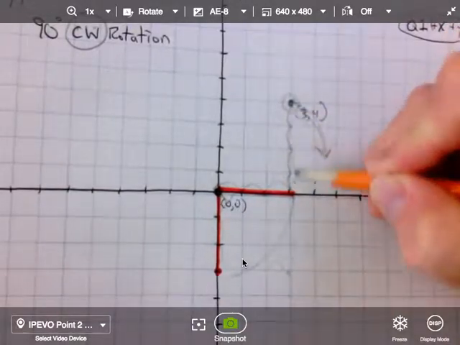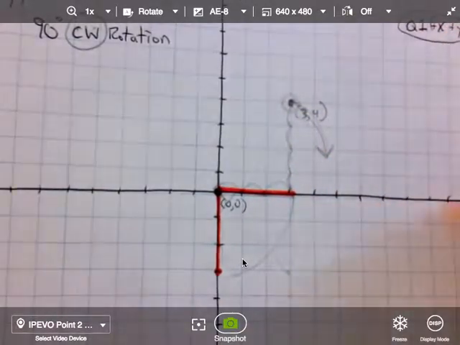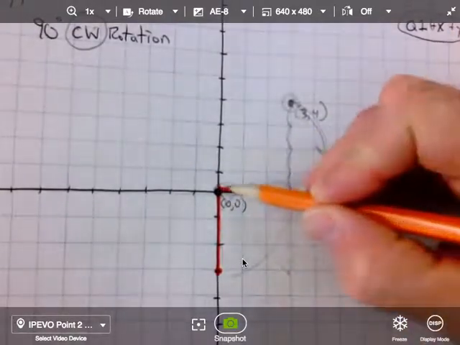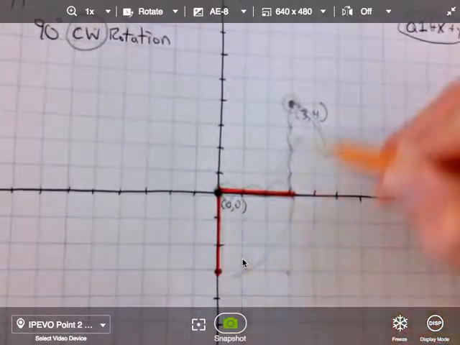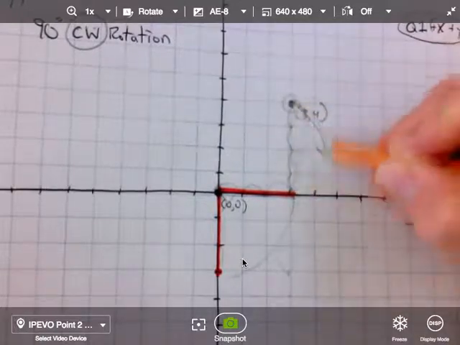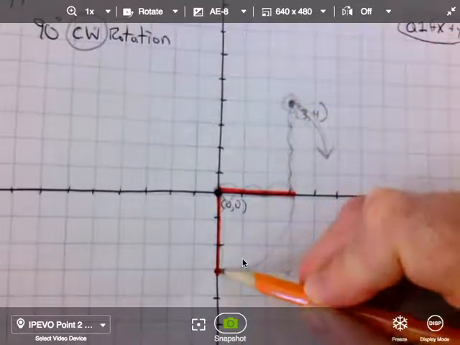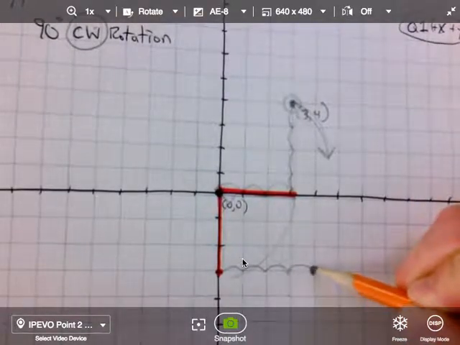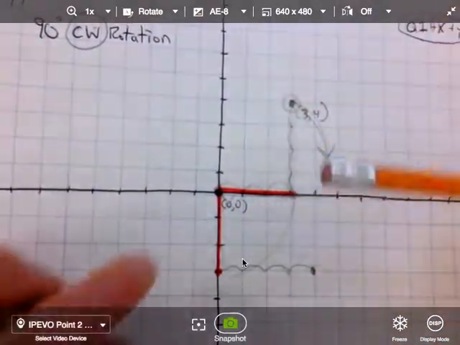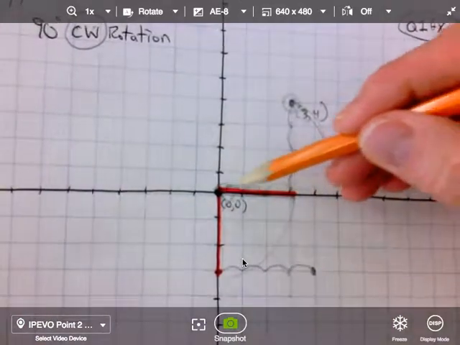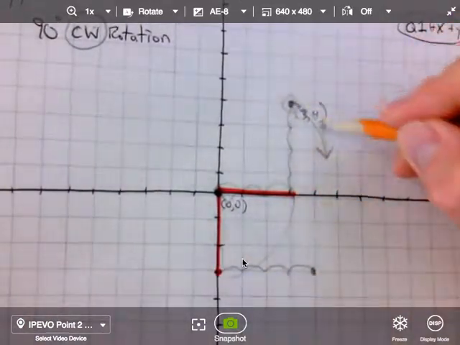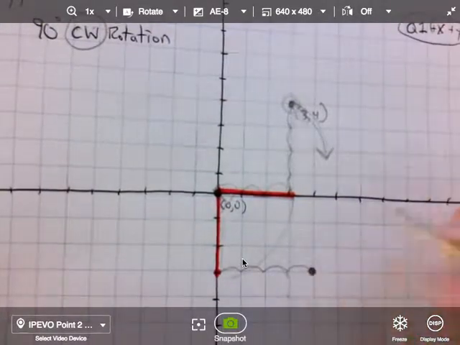This part here is also attached. Well, that also has to come out with it. So if this arm goes down, this one, being on the y-axis going up, has to come out. 1, 2, 3, 4. So you can see this shape has rotated down, and this has rotated with it. So my new point is right here.